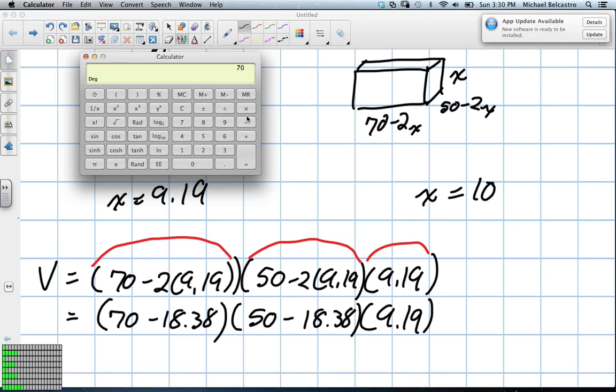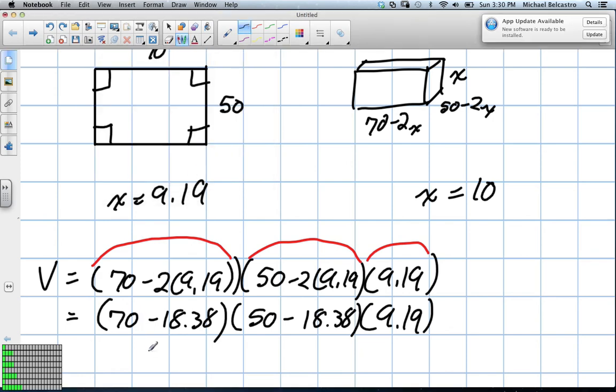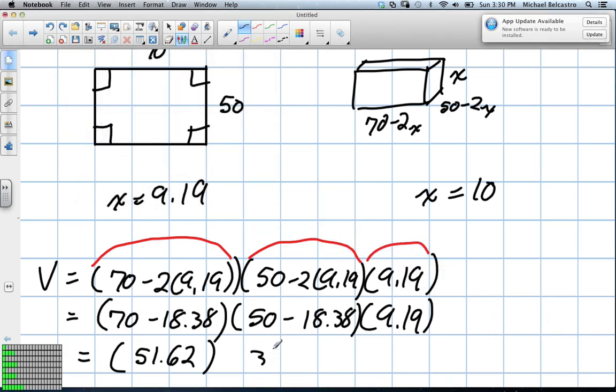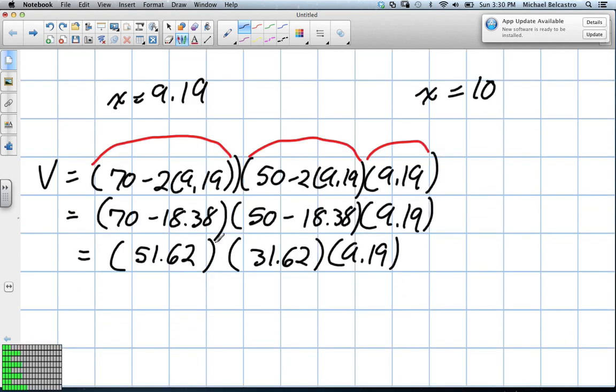So 70 minus 18.38 is 51.62. 50 minus 18.38 is 31.62. And then finally 9.19. So what we've discovered for our box is our length will be 51.62, our width will be 31.62, and our height we'll say is 9.19.